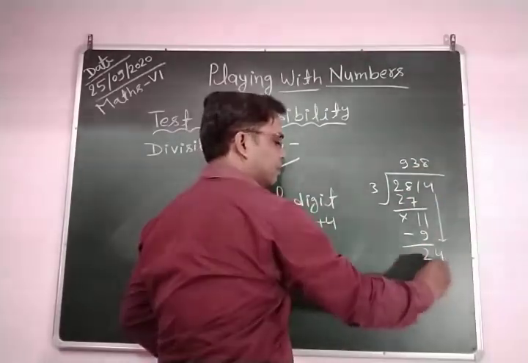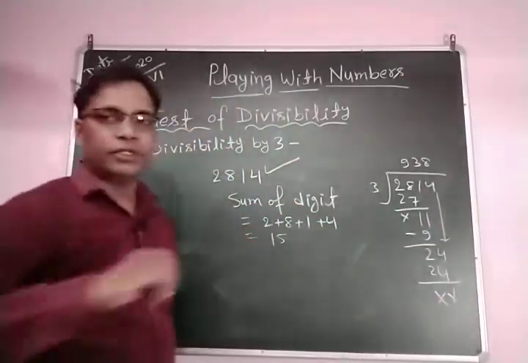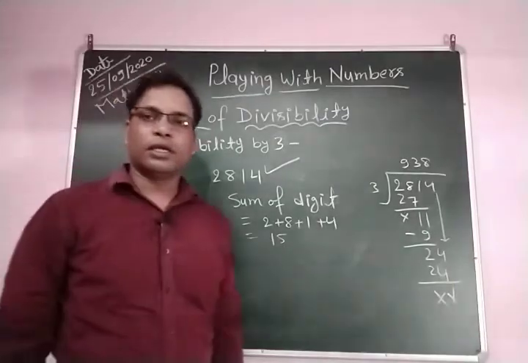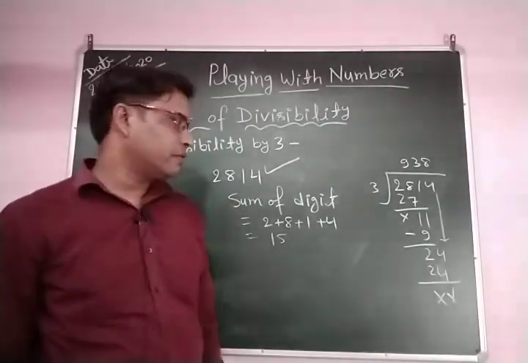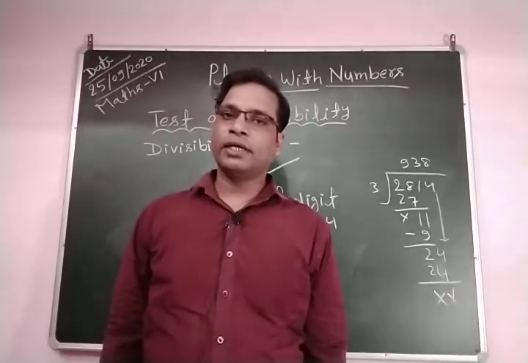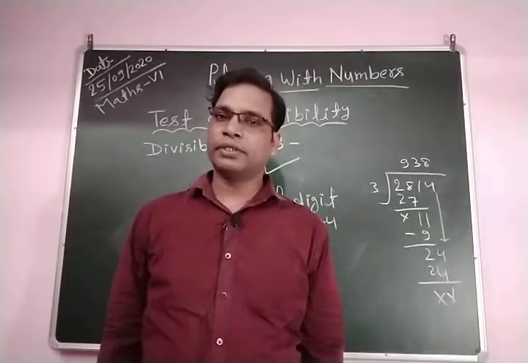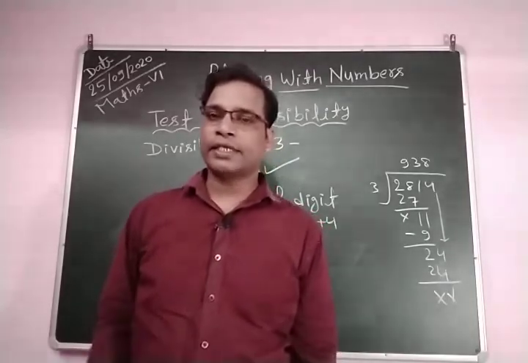So you can see this number is divisible by 3 because the remainder is 0. So if you want to check whether any number is divisible by 3 or not, first you find the sum of digits of the number.